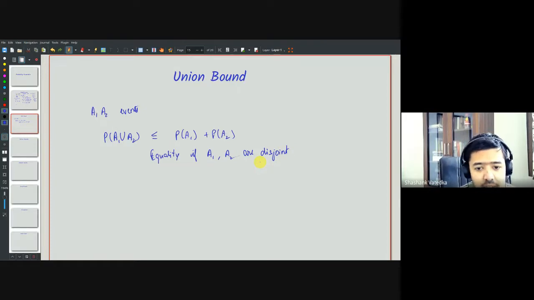Note that I'm saying it's equality if they're disjoint, but it's also possible that A1 and A2 are not disjoint and yet equality holds.